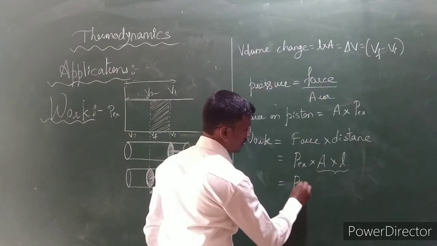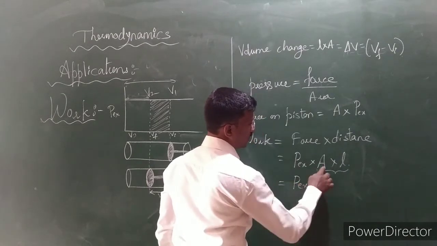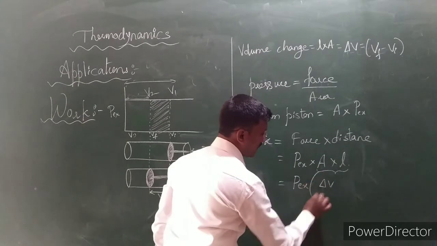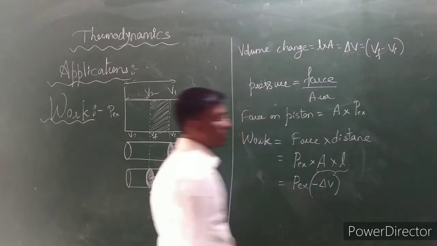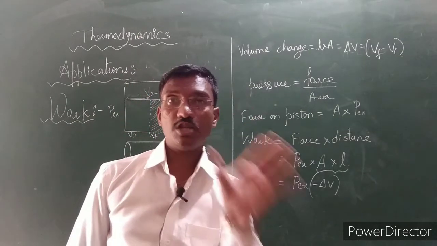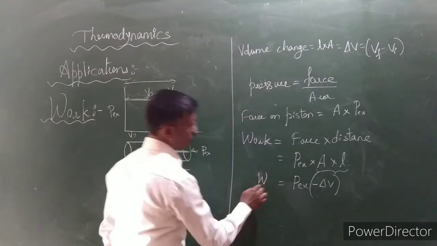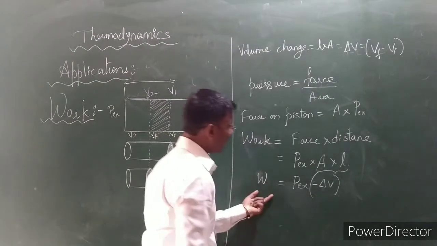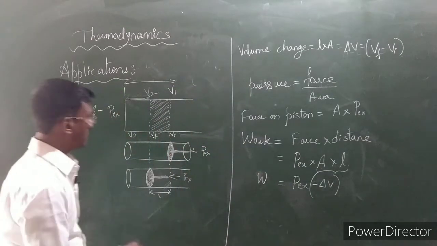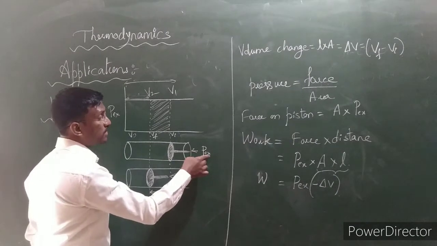Therefore external pressure into A into L is external pressure into delta V. Here I am going to take this as a negative delta V. I am writing the negative because to calculate the work done on the system I need the work done to be always positive. Here we are applying the piston, and this piston is working by the external pressure.